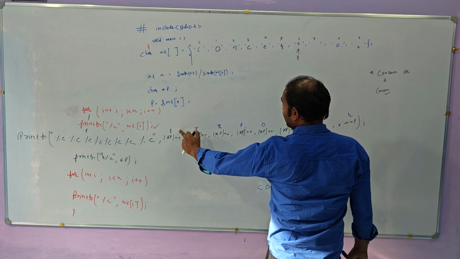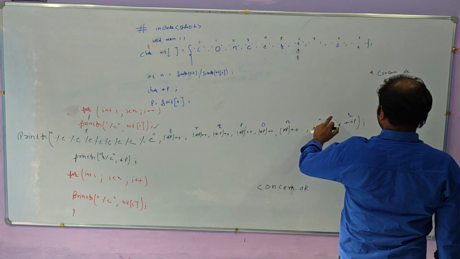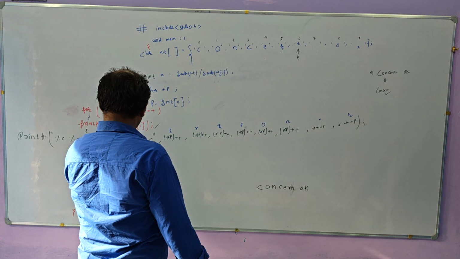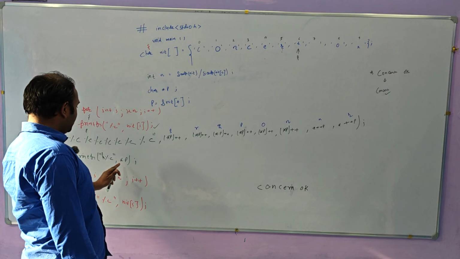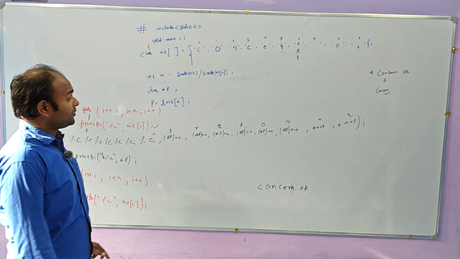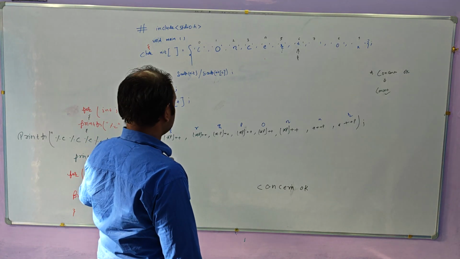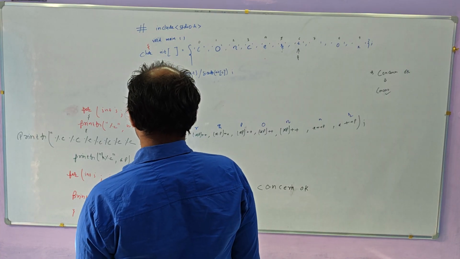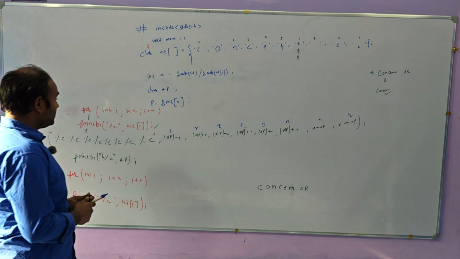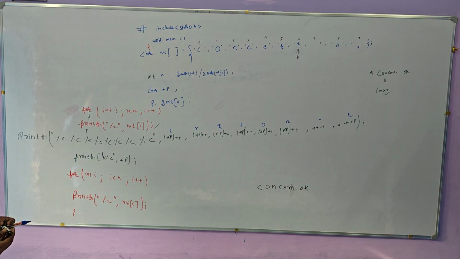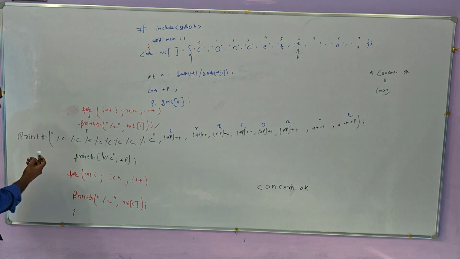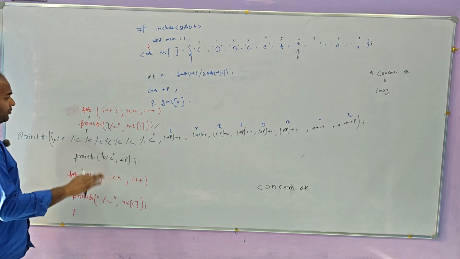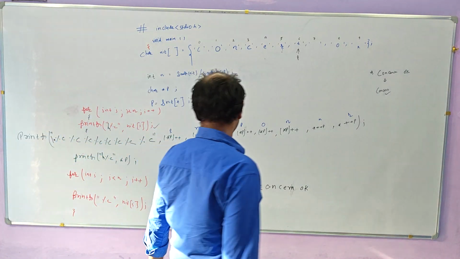Basically, as a result, we got S, R, Q, P, O, N for this. Now printf %c *p. We can also print a \n for a new line. There is no confusion.